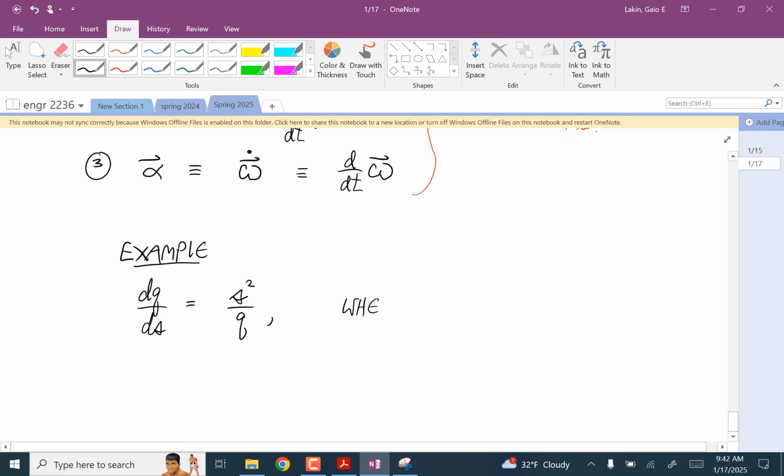So for the boundary condition, let's say Q is 4 when S is 2. Okay, so we want to solve this differential equation. So let's first just get our bearings together, and then I'll give you a little time to sort of think through this.